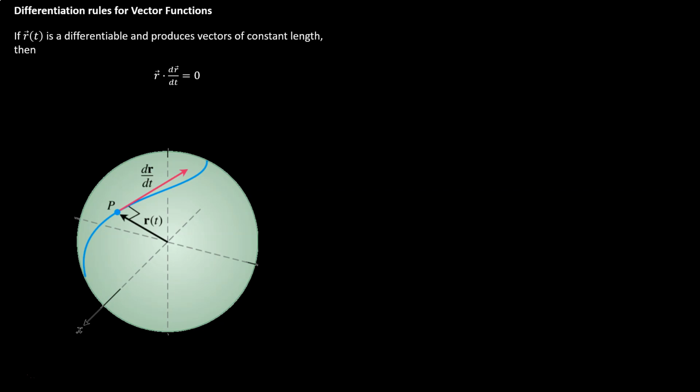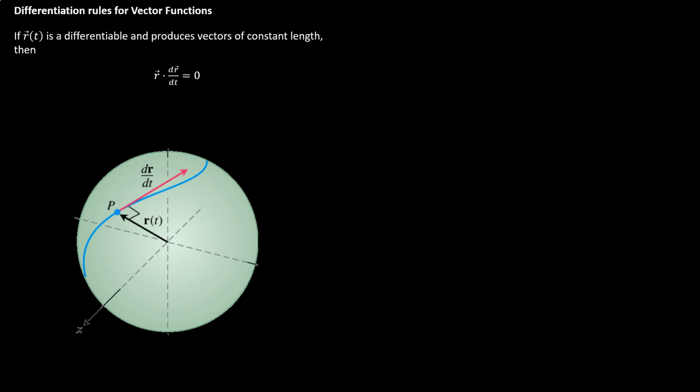And then I would naturally assume that the tangent vector, which we see in red, is tangent to the blue curve. Now, what's neat about this special function, r of t, is that because it looks like the radius of a sphere, dr dt would have to be tangent to the whole sphere.